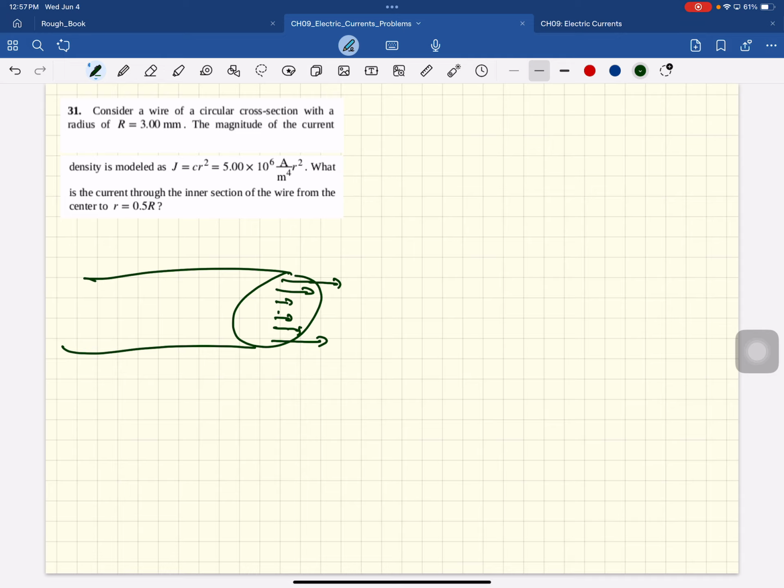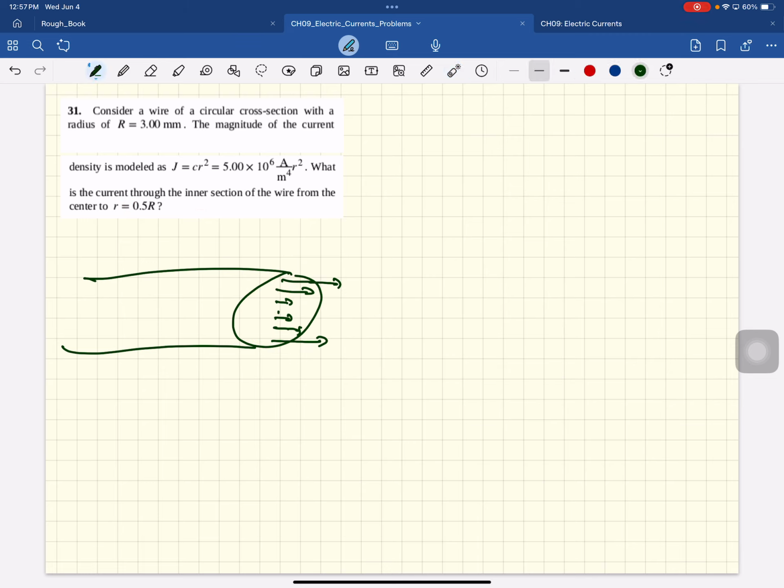So they're asking you, what is the total current? What is the current through the inner section? What is the current through there? And you can see that there will be more current flowing in the outer half than in the inner half.